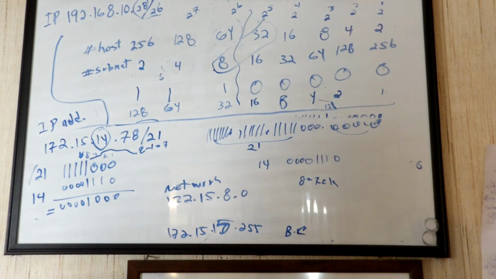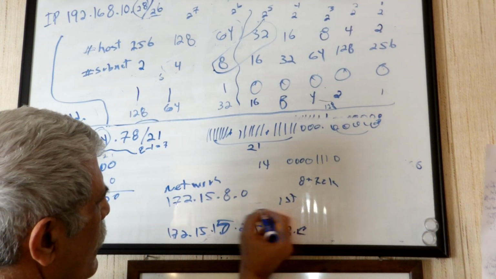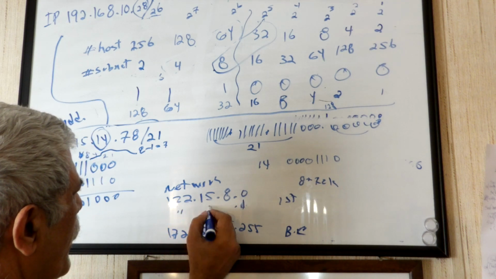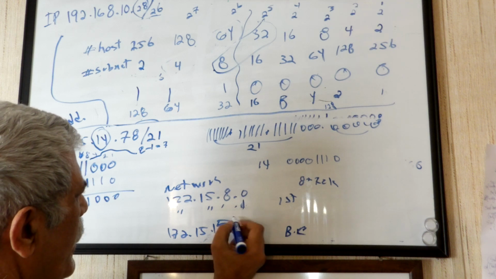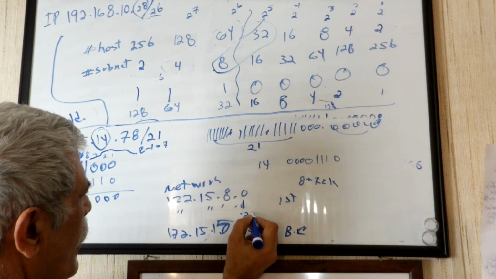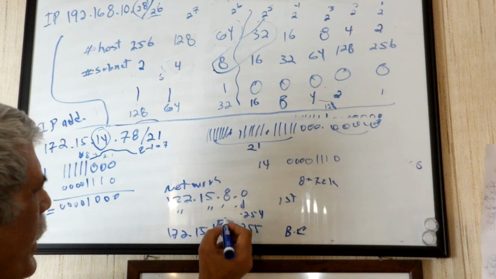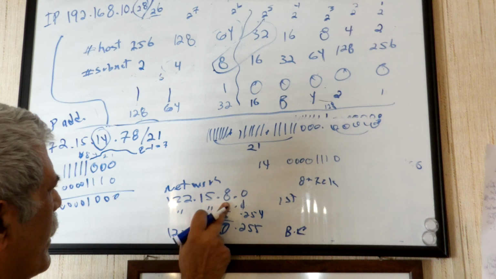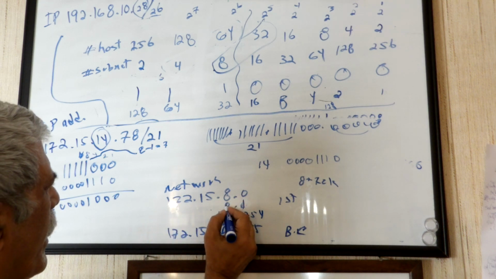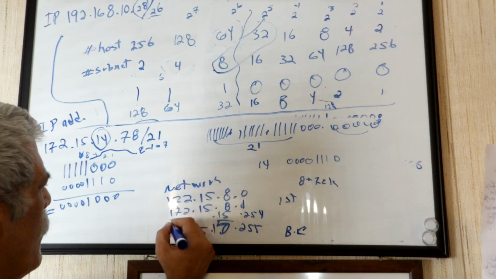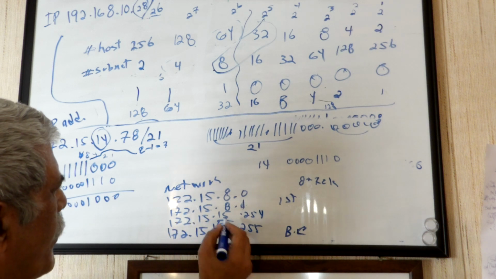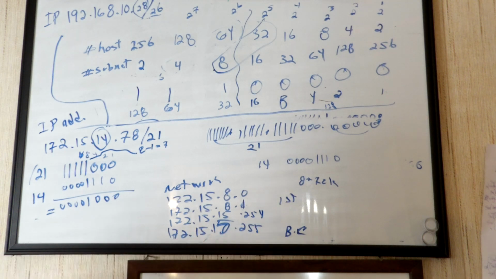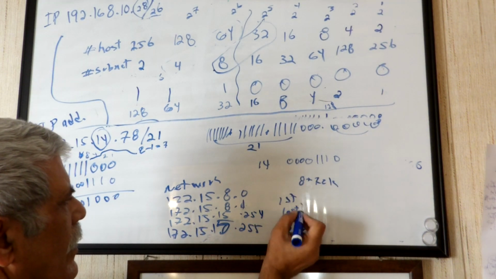The first host is going to be 0.1, and the last is going to be 15.254. This is the first host and this is the last host.